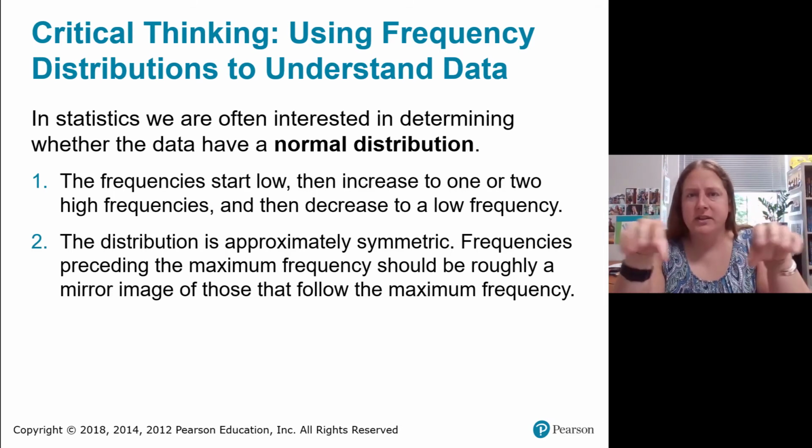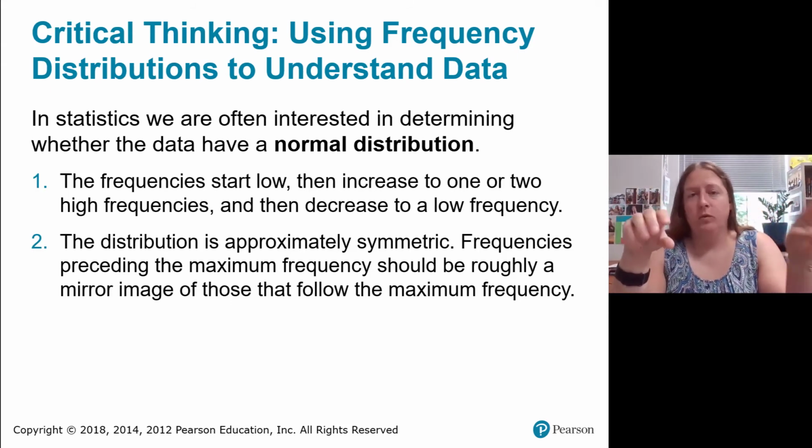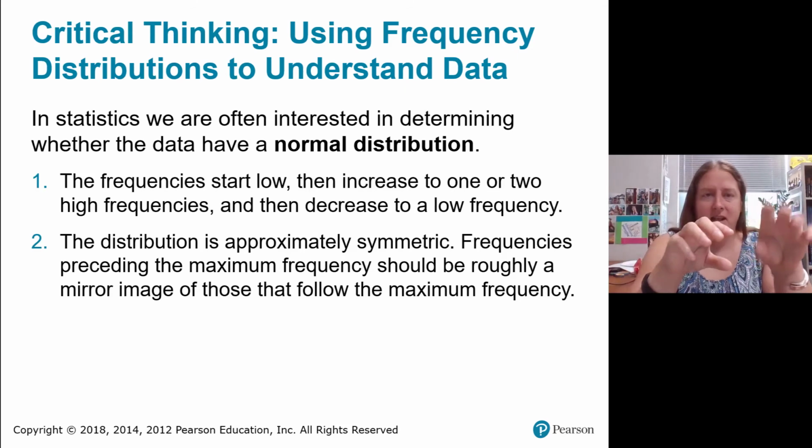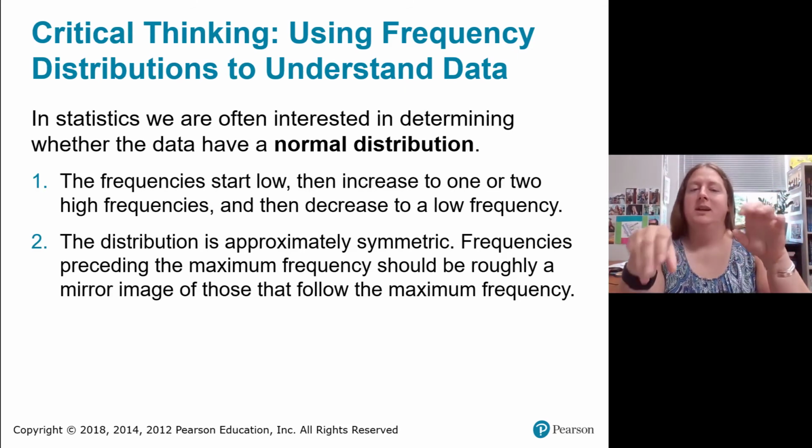The distribution also has to be pretty symmetric. So if I have one class that's really low on one side and two classes that are really low on the other side, and then they go up, it's not symmetric, so it's maybe not normal that way either.